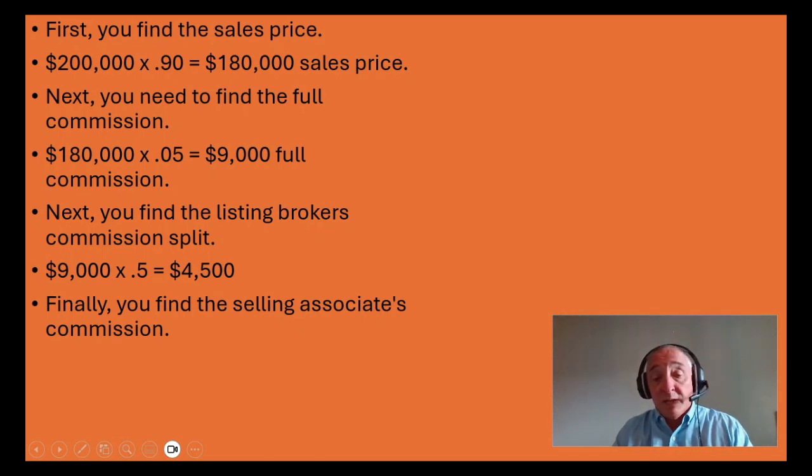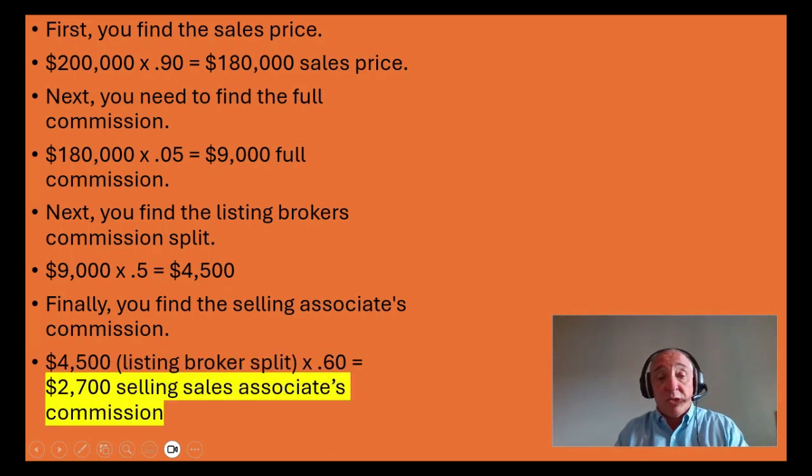Finally, you find the selling associate's commission. That's the listing broker split of $4,500 times 0.60. They promised the sales associate 60% of their commission, so they get $2,700. The selling associate commission would be $2,700.